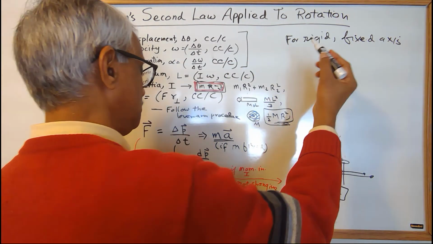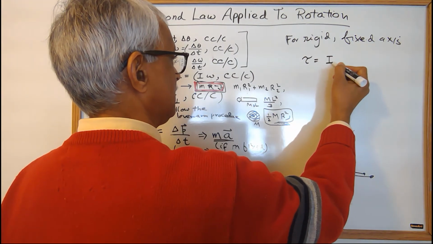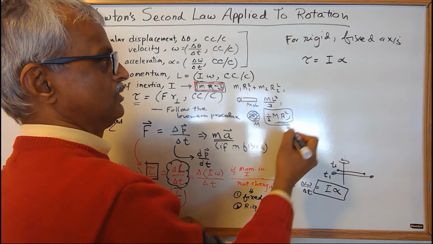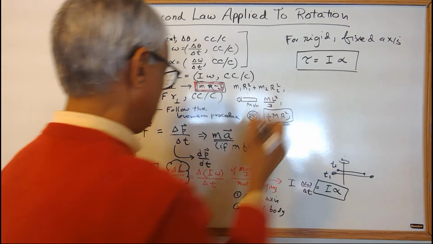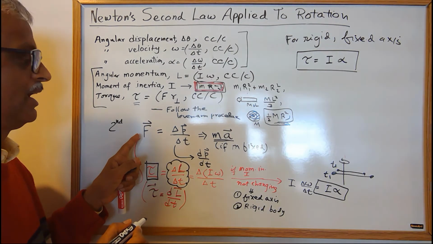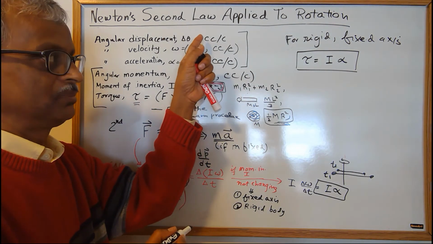So for those situations, what we have is torque equals I times alpha. So this is going to be a replacement of F equals ma when we are dealing with rotation problems.